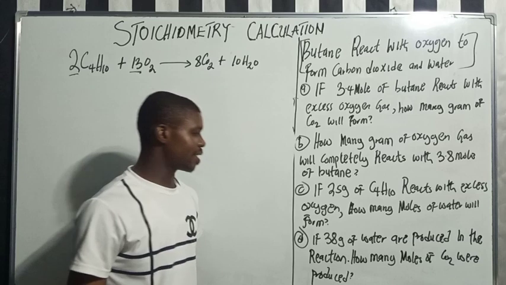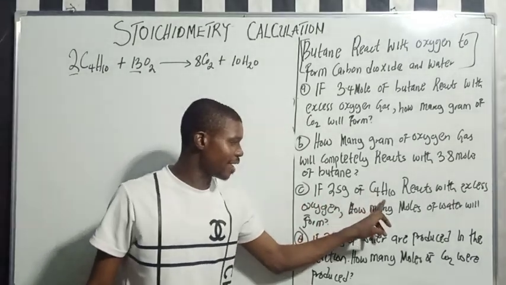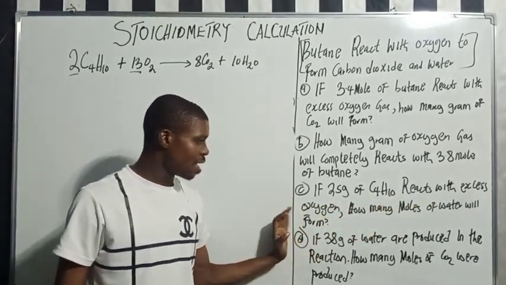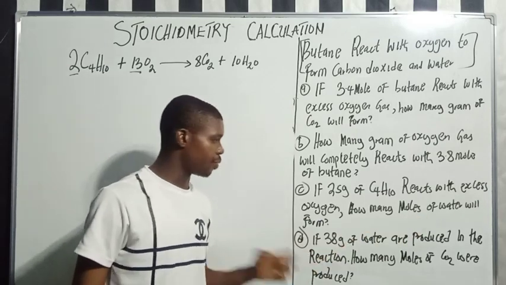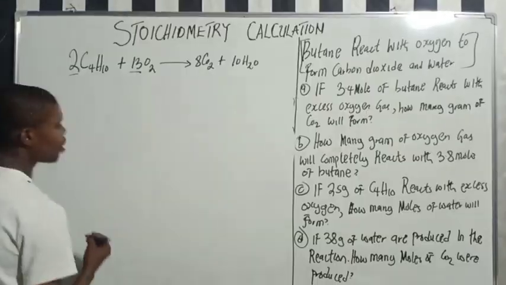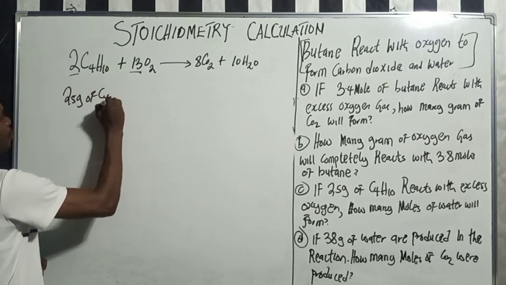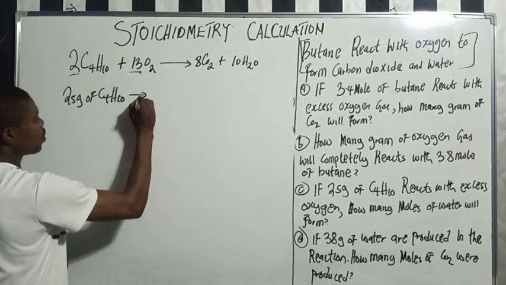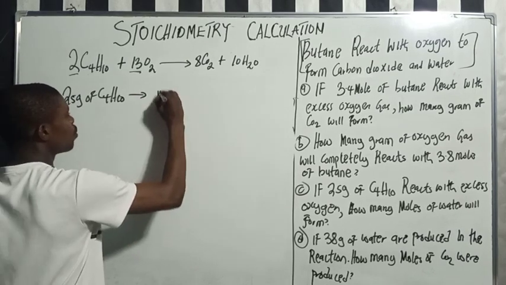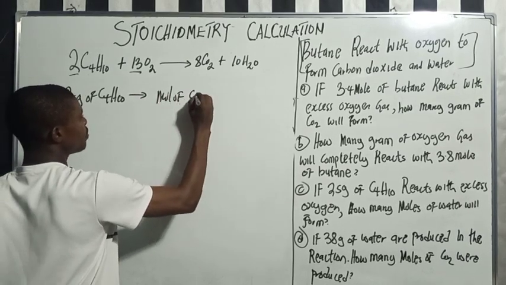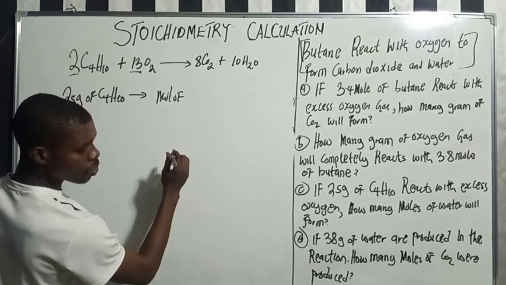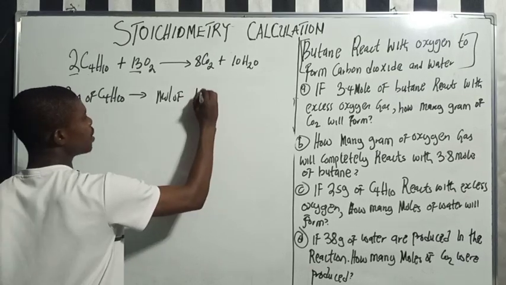Now let's look at C. If 25 grams of C4H10 react with excess oxygen, how many moles of water will be formed? Do you get that? So we are converting 25 grams of C4H10 to moles of H2O.